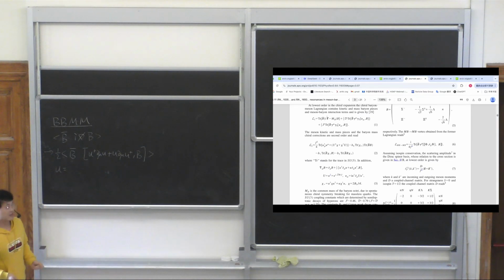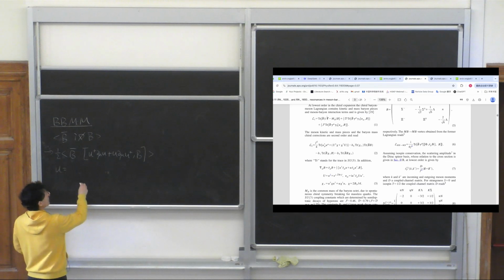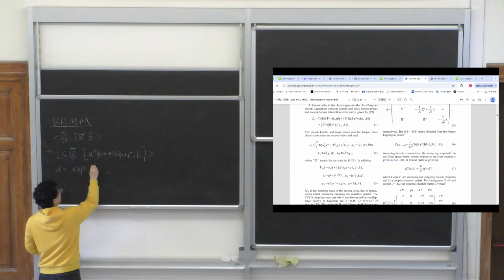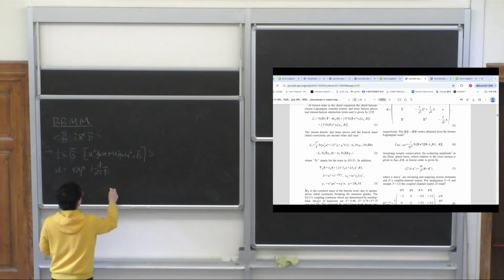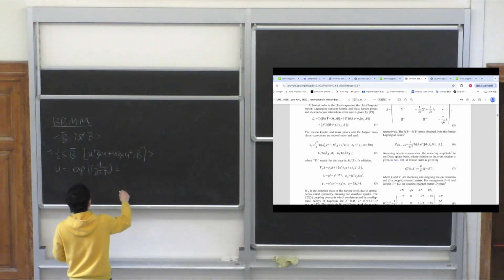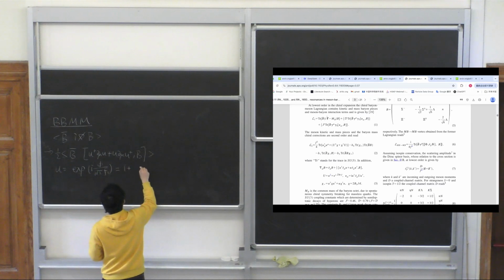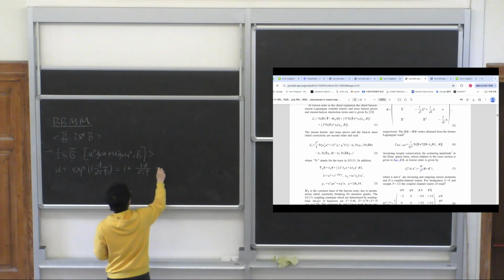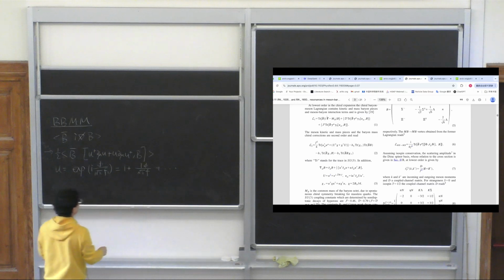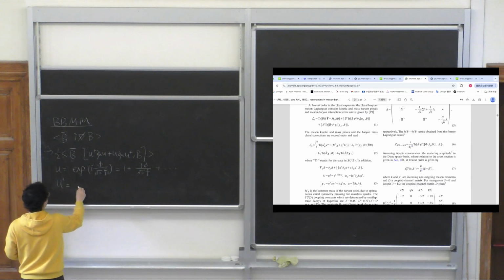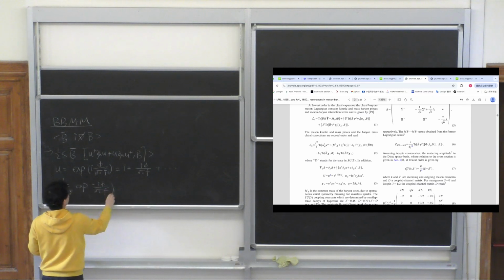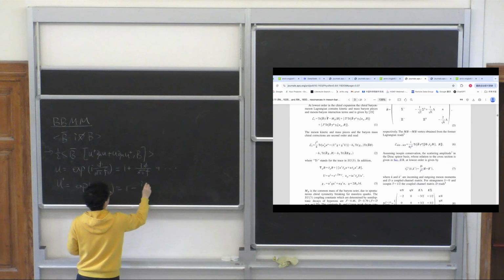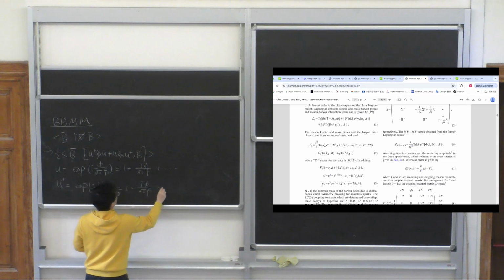So what we need to do is just expand the u. U is exponential i phi over f, this. Just expand it. Also, we need the U dagger. Put a minus sign here. Also, it's minus, plus and so on.